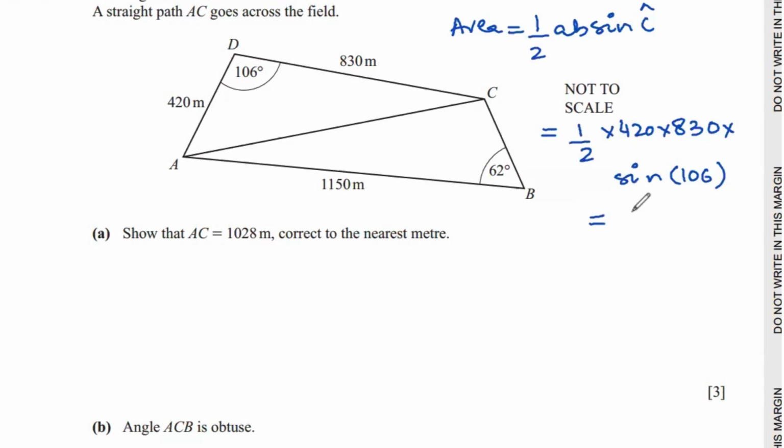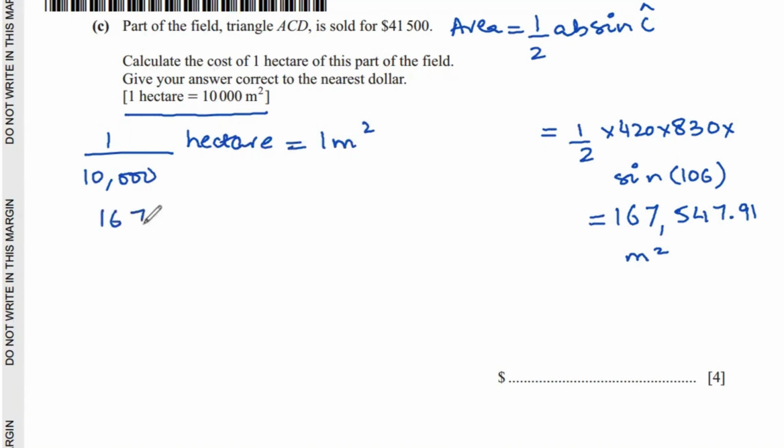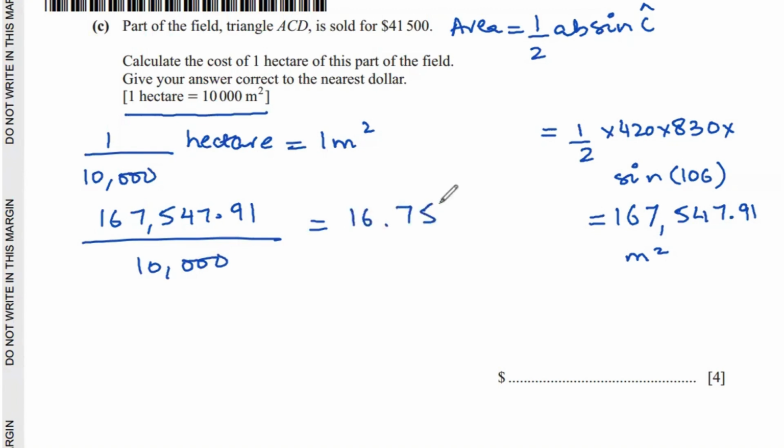When we plug that in the calculator, we get 167,547.91 meters squared. Now 1 hectare equals 10,000 meters squared, so let's convert this into hectares first. 1/10,000 hectares is equal to 1 meter squared, so we divide this by 10,000. That is 16.75 hectares.